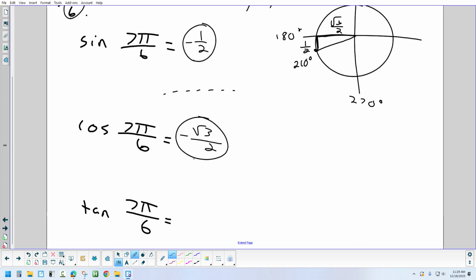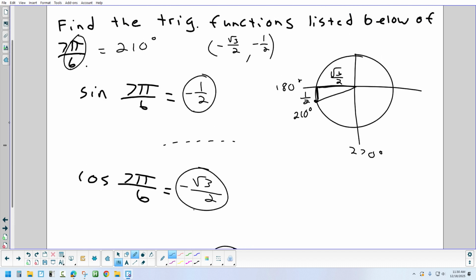So, yeah, the negatives are going to cancel, the 2's are going to cancel, and you would have 1 over root 3. But you do need to fix it by multiplying top and bottom by root 3. That's the sine, cosine, and tangent of 7 pi over 6.